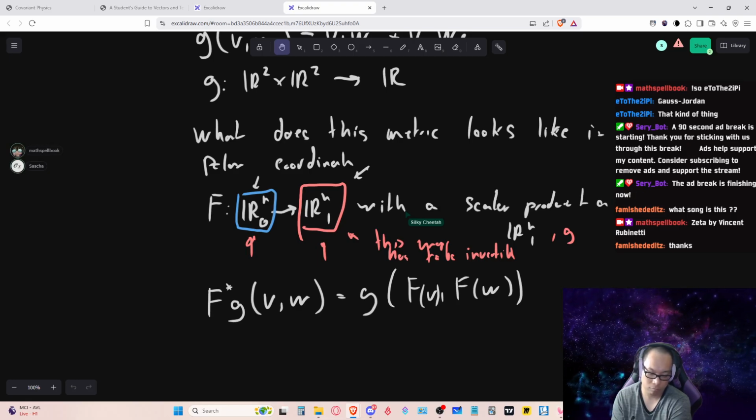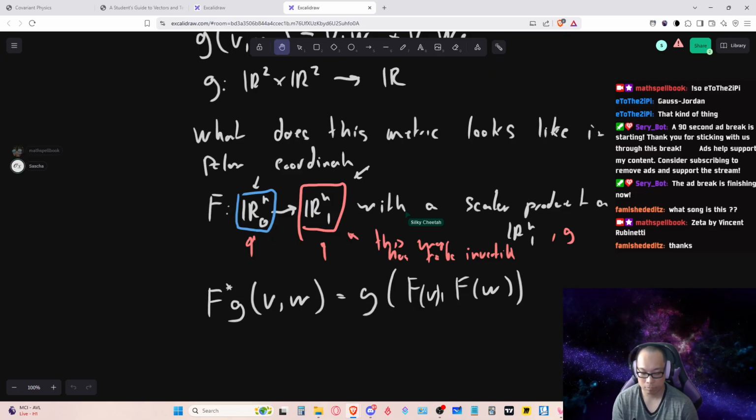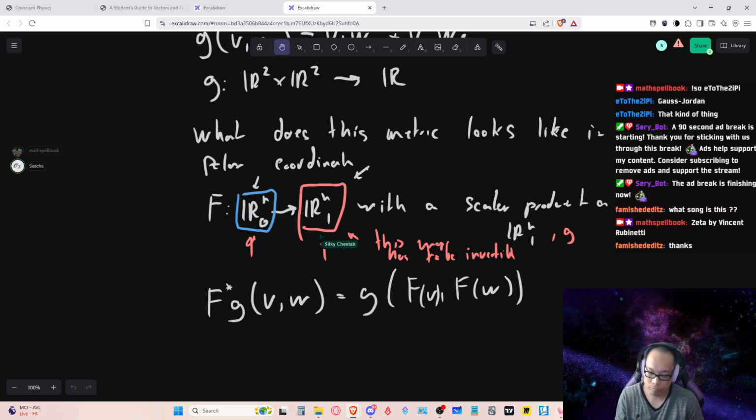If V is non-zero, you would like it to be non-zero, right? Right. A vector which is not zero should have a positive length. But if this map is not invertible, some non-zero vector will be mapped to zero.